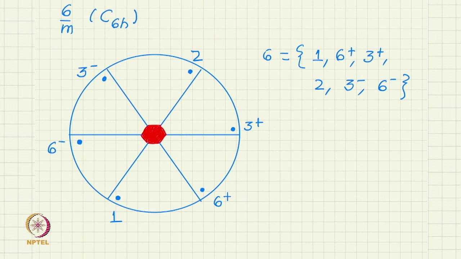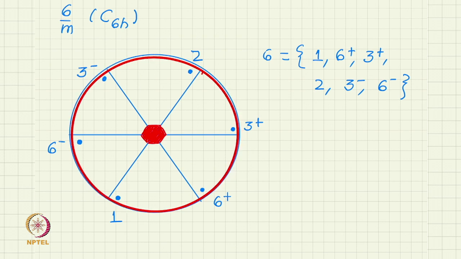Coming to our final group, 6 by m. Now, you have enough practice in this kind of process. So, you can just put your horizontal mirror to a 6-fold axis, and as usual in the previous cases, the number of equivalent points double up and the number of operations will also double.